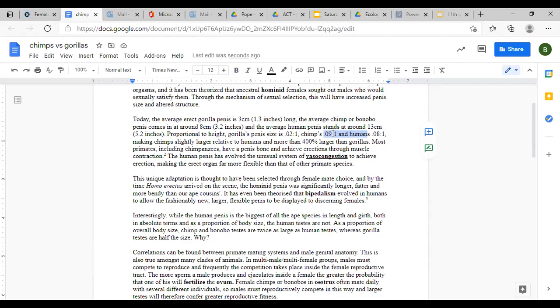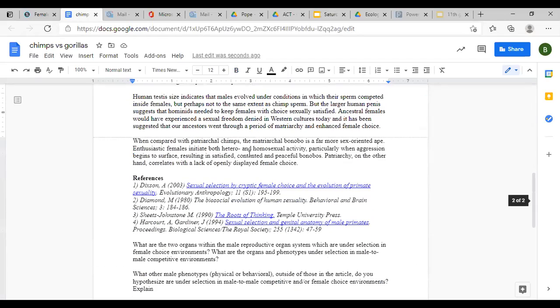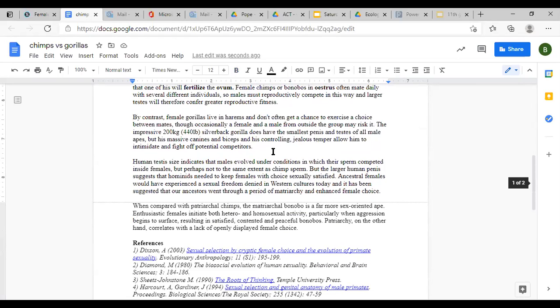We have a slightly larger penis relative to our body size than chimps. Chimps are almost equal proportions to us. So we're probably, as it insinuates here, also in a female choice environment, or we recently evolved from one. So probably less patriarchy in our system than there used to be. There used to be a lot more matriarchy, probably.